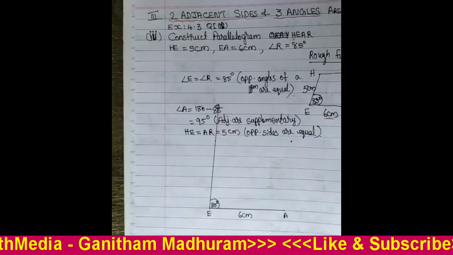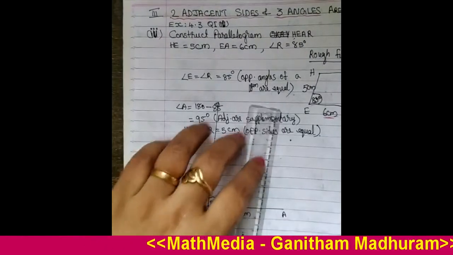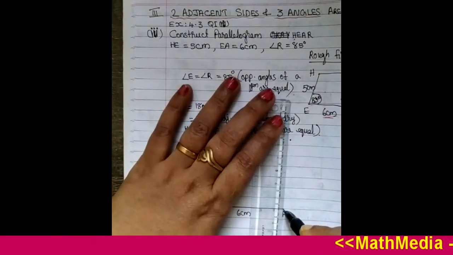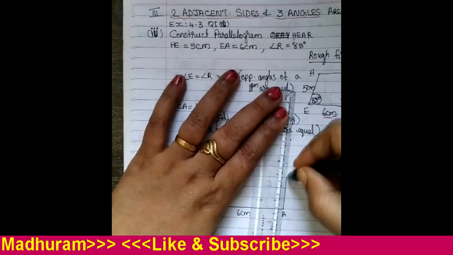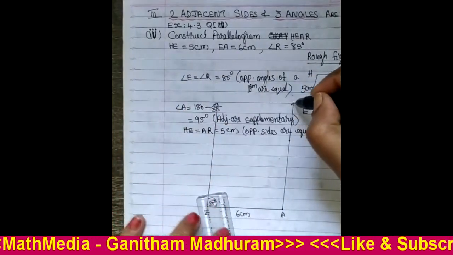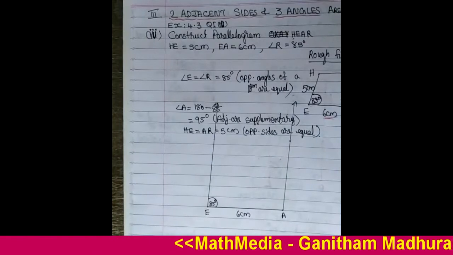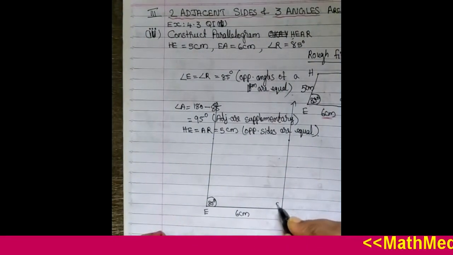Now remove the protractor and join the line. I have drawn 95 degree.